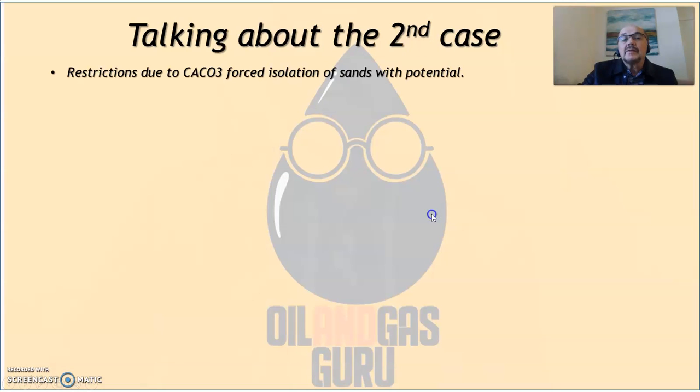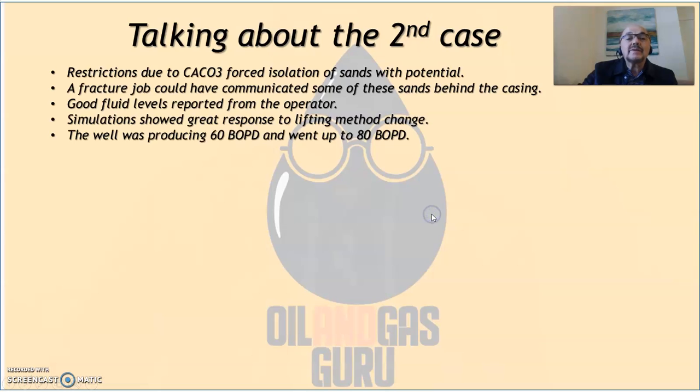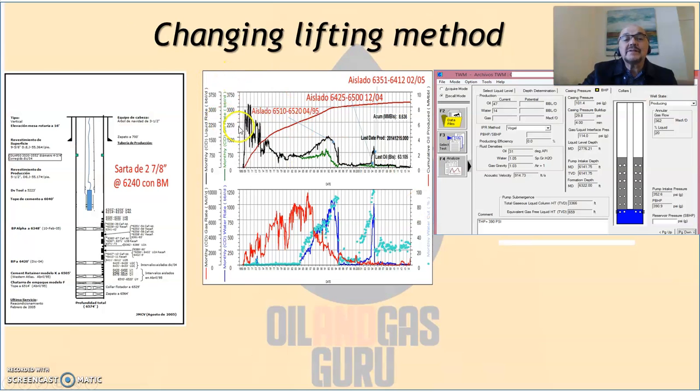So we take a look at the second one, which is very similar. We start getting water, building up the calcium carbonate in the perforations, and we isolated it, and we were getting good dynamic fluid levels, which in a sucker rod lifting system tell you the bottom hole flowing pressure.